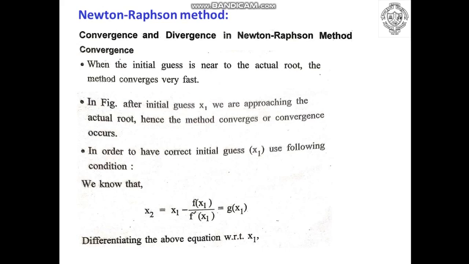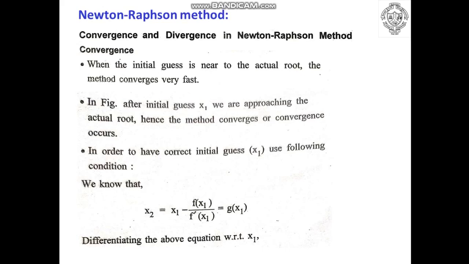In the same figure which we saw for calculating x2, after initial guess x1 we are approaching the root, hence convergence occurs. To achieve convergence of the method, we have to choose the initial guess correctly.